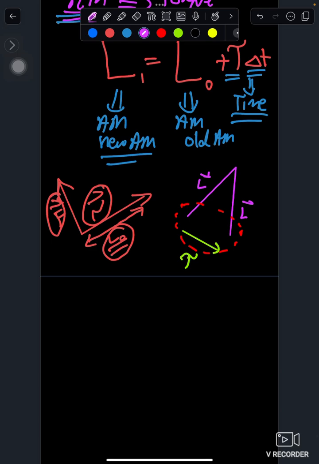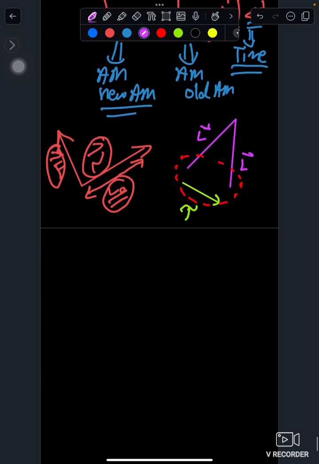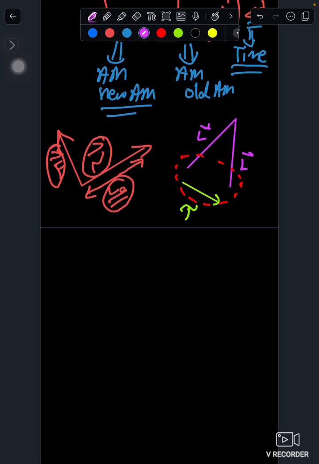So then we have Larmor precession. Just a little summary: torque changes the direction of the angular momentum, AM. That is for the experiment.